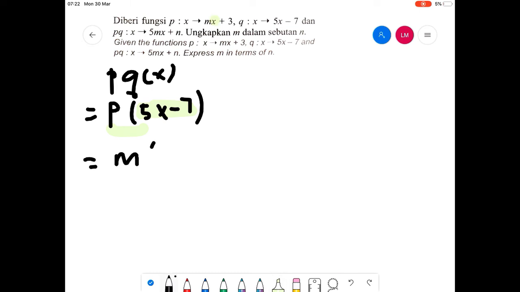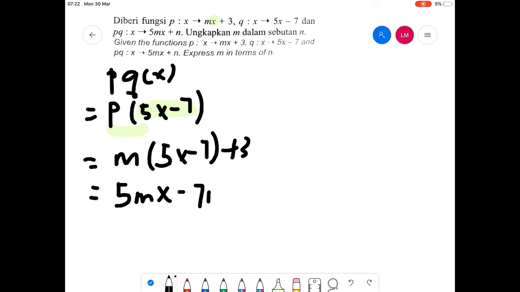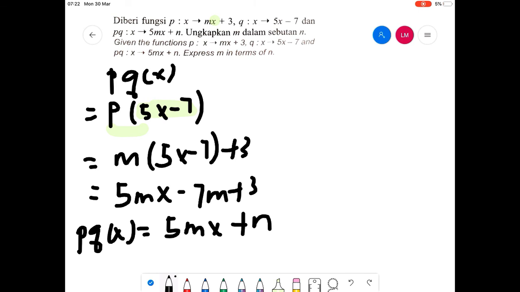So m you remain. The x you paste with 5x minus 7 and then you plus 3. So you will get 5mx minus 7m plus 3. So this is the pq(x). Now you will see that another pq(x) given in the question is 5mx plus n. When you do the comparison, you will notice that this whole term and this whole term are without x, so they should be the same.